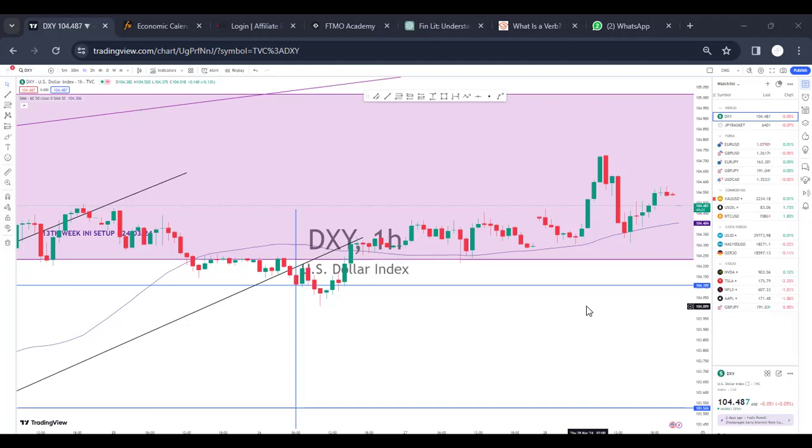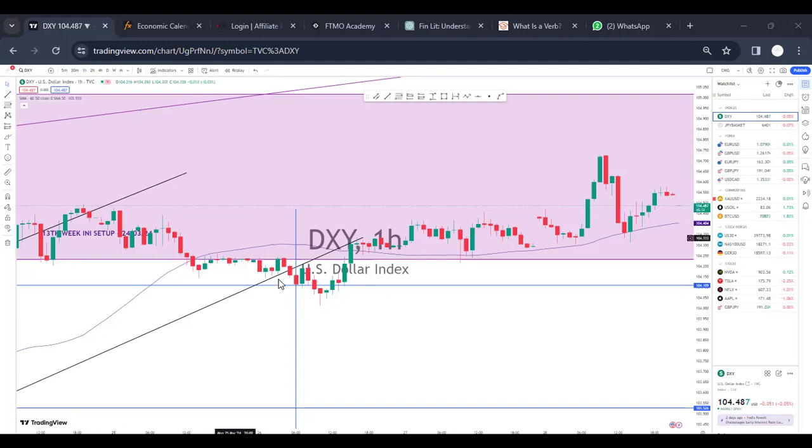So back to the recap. That was the 13th week. We were expecting the market to rise to some level or fall to some level so that we can have a clear, massive move in that particular direction. Then we can decide whether it's going up or down. On the 13th week, this is where price began. We were expecting price to push up and move above this fair value gap.